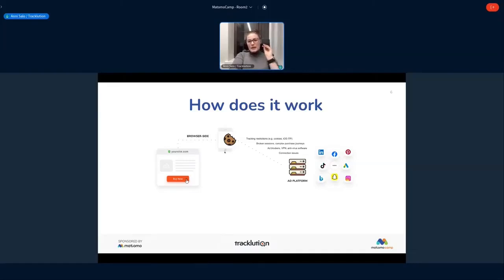All these pixels have to be separately implemented on the site and then loaded during the website session, meaning that quite many different JavaScript snippets have to be loaded in the user's browser or phone while they are using your websites.